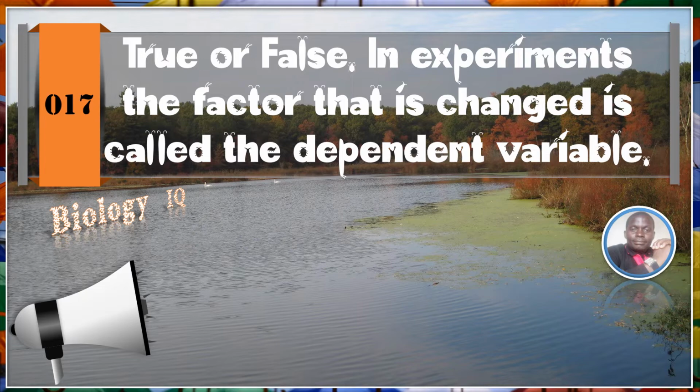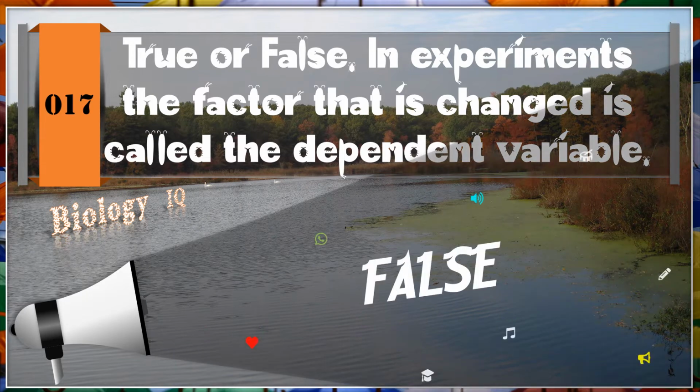True or false? In experiments, the factor that is changed is called the dependent variable. False.